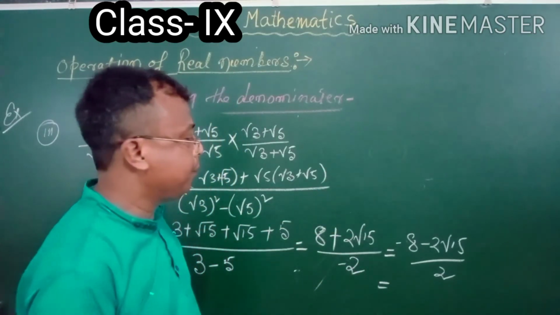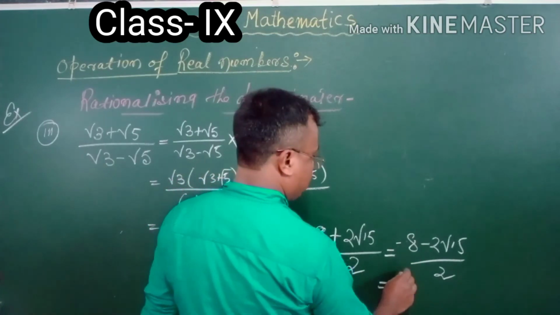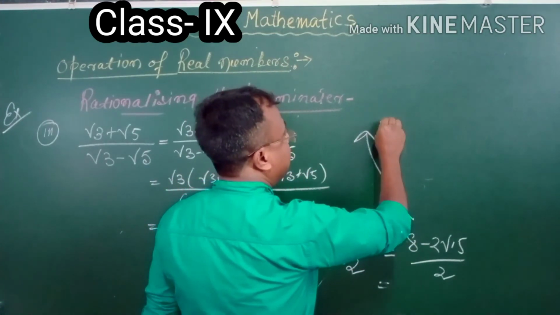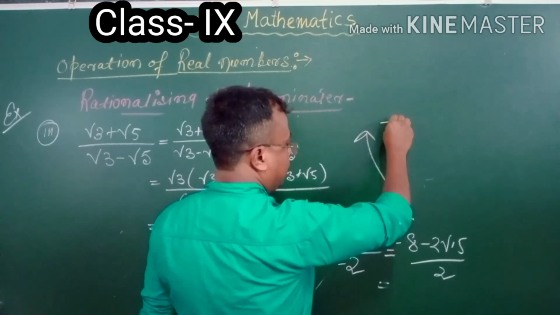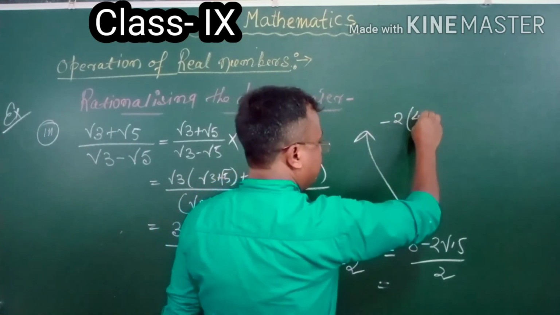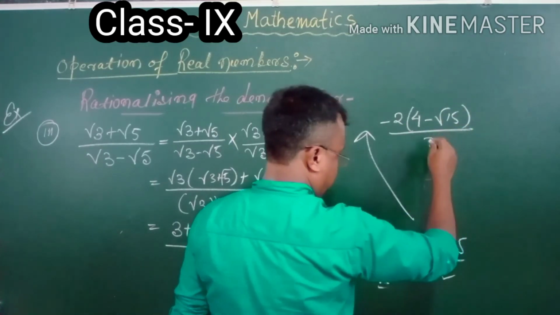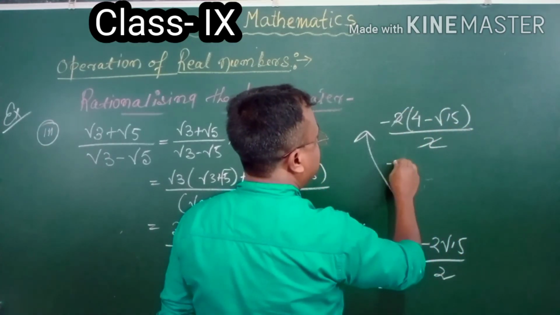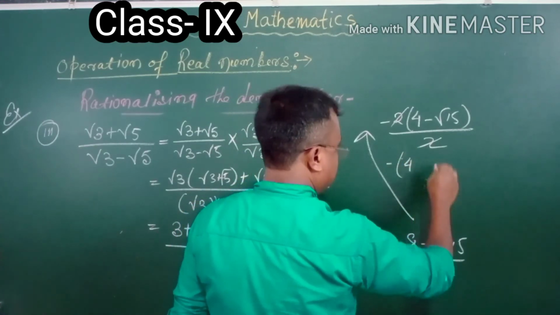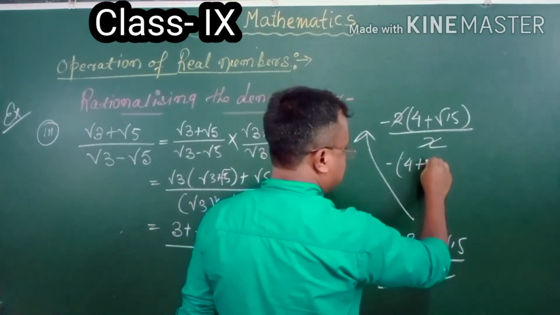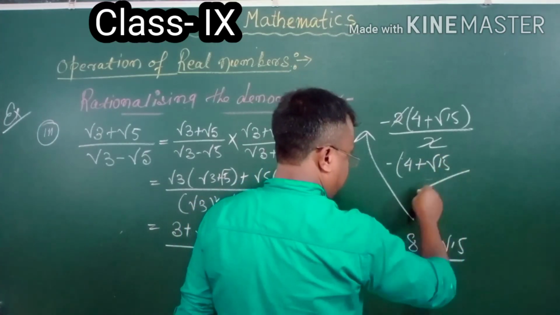Okay, clear? So you can take 2. Here you can take minus common and 2 common. So 2 4 are 8 minus root 15, so divided by 2. So 2 cancel. So what will you get? Minus 4. So it is plus. Minus you have taken common, so become plus 4 plus root 15. So this is the answer.